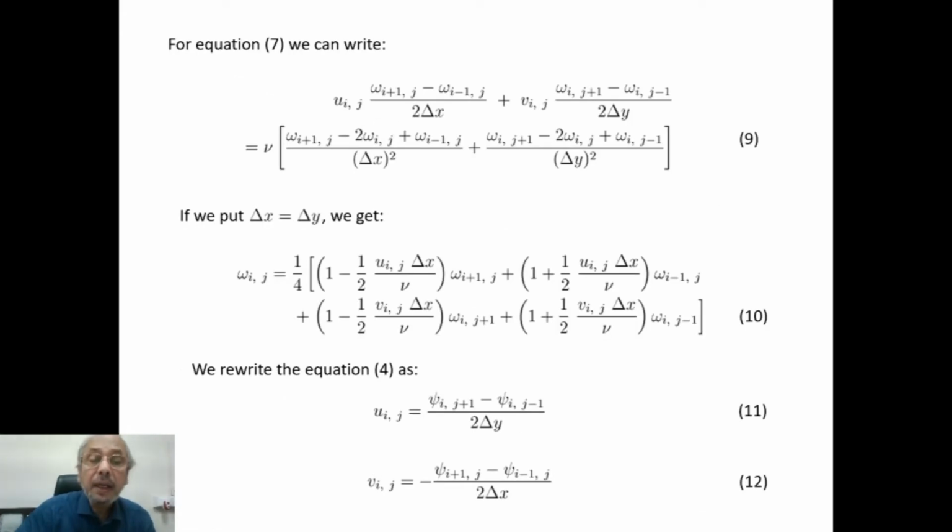We go back and we write Uij simply, since this is del psi del y, we apply central difference: psi i j plus 1 minus psi i j minus 1 by twice delta y, and Vij is minus del psi del x. Again we apply central difference: psi i plus 1j minus psi i minus 1j by twice delta x, and this is del psi del x with the minus sign.